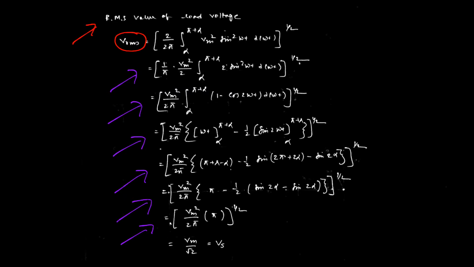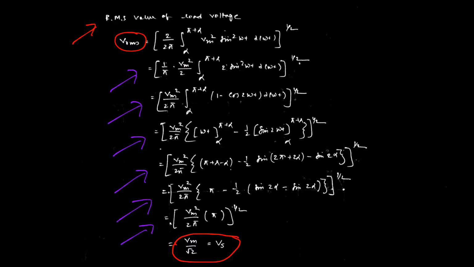So the result is Vm by root 2, which will give us the actual result, that is Vs. Actually Vm by root 2 is the RMS value, so the value is Vs. Okay, so this is well defined throughout this expression. So in this way we can calculate the average output voltage as well as the RMS output voltage.